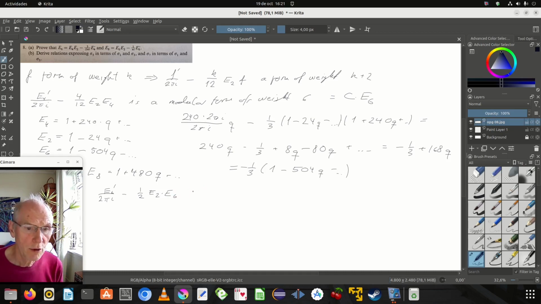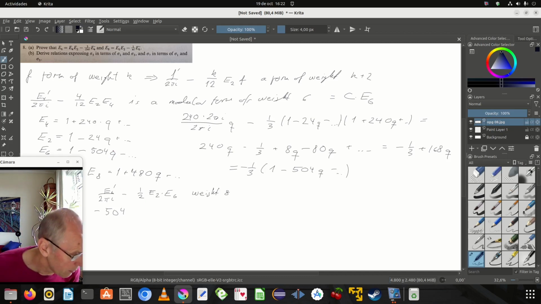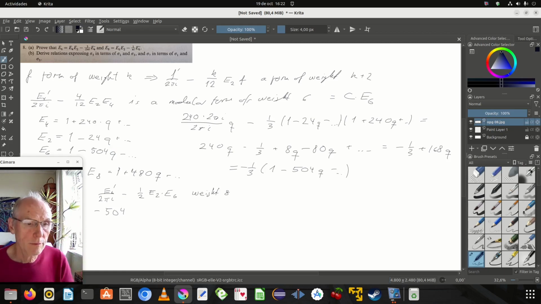This is a modular form of weight 8. So this gives minus 504, let me just go back here.